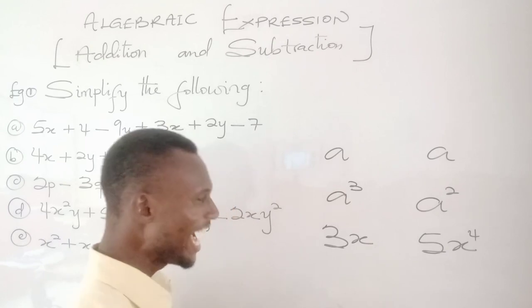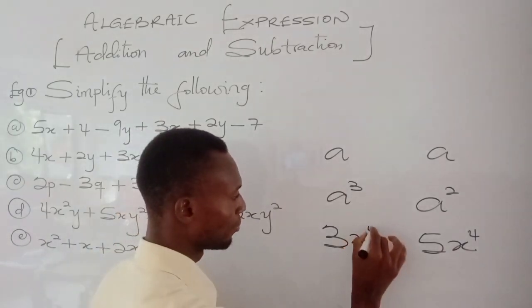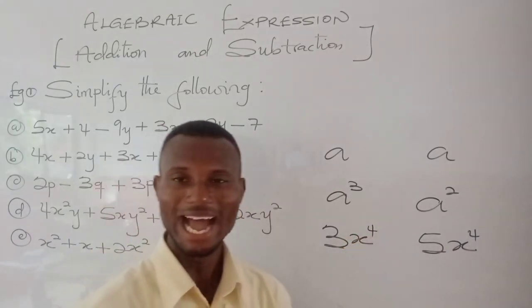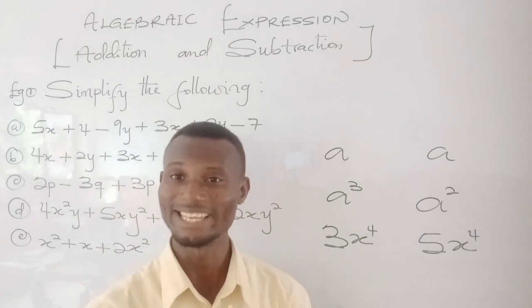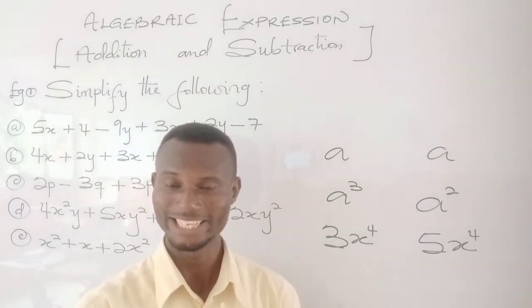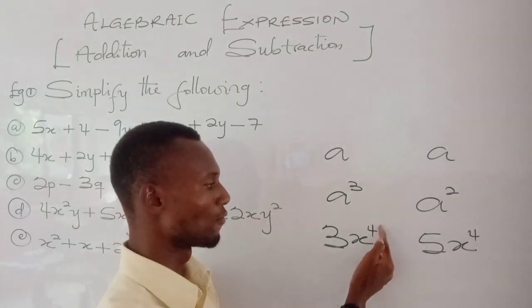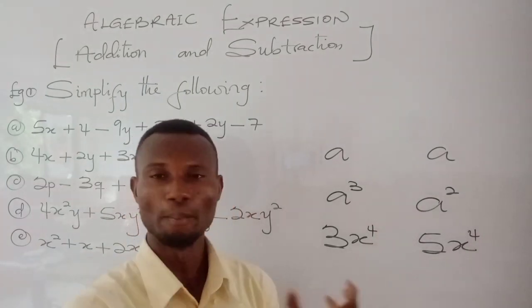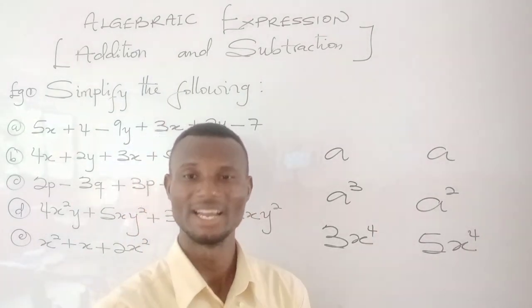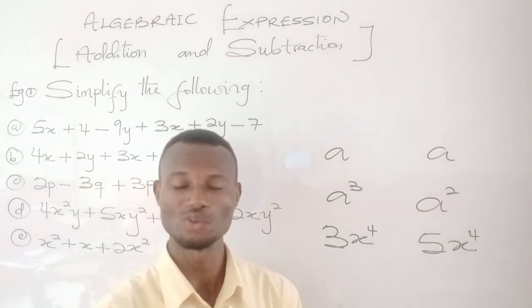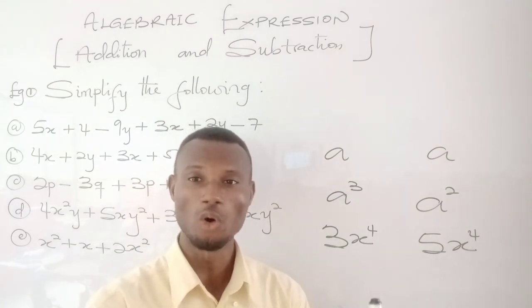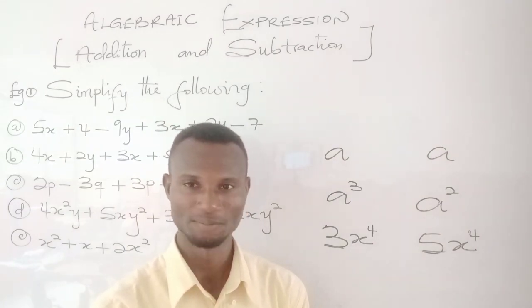Now, assuming I put power 4 here, are these like terms now? Yes, they are like terms. Why? Because this s has power 4, this s also has power 4, so it makes them like terms. So we can add them or subtract them.